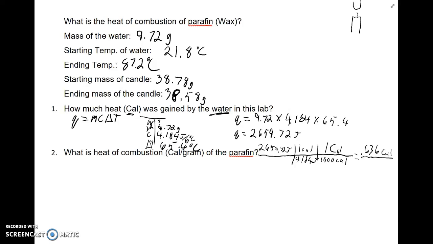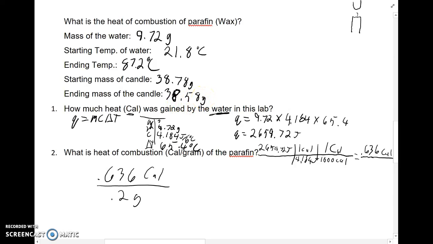So 0.636 calories, that came from the calculation over here, number 1, divided by 0.2 grams, and that's 38.78 minus 38.58.